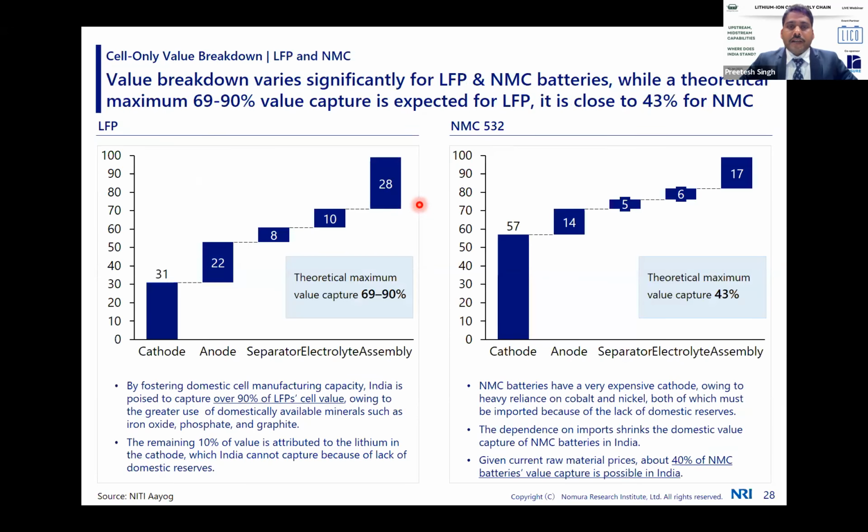Fundamentally or theoretically, 69 to 90% of the value can be captured for LFP in India, but for NMC, it goes only around 43% theoretically. So LFP is kind of a winner in terms of value addition, and value addition is important because it is a 60% value add criteria under the PLI scheme.